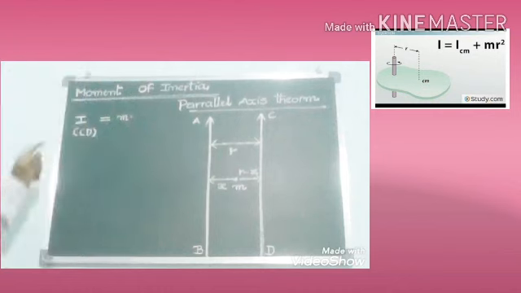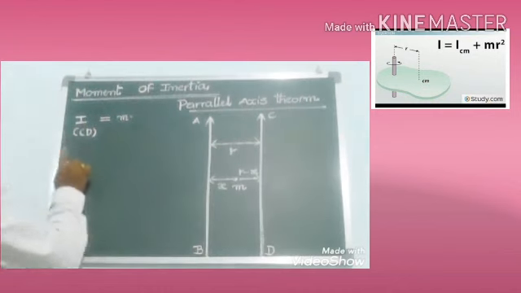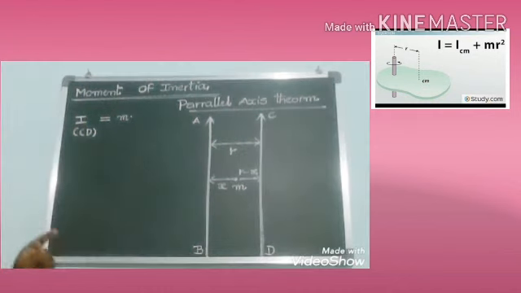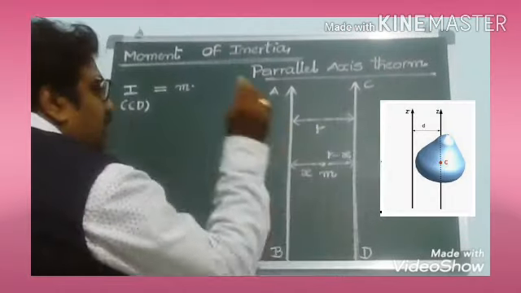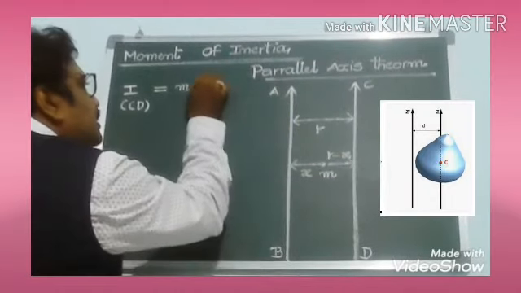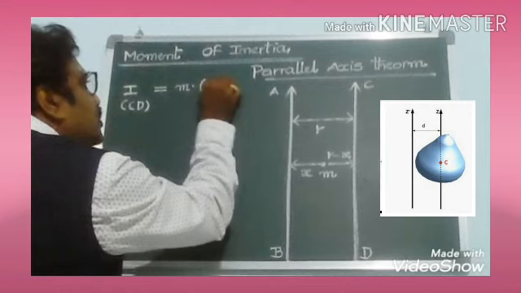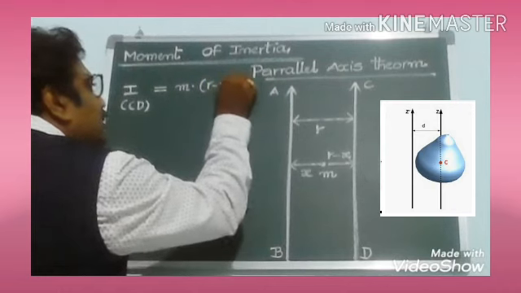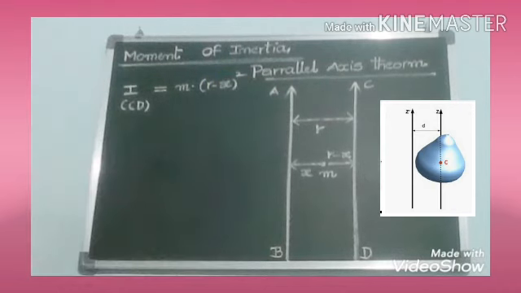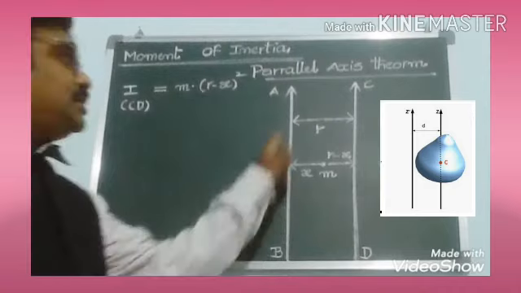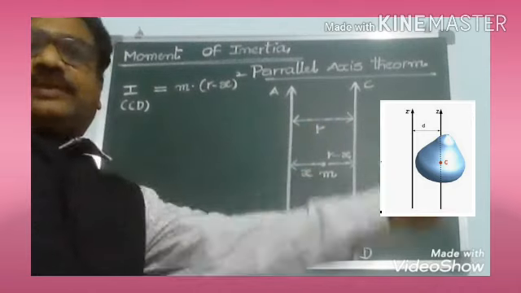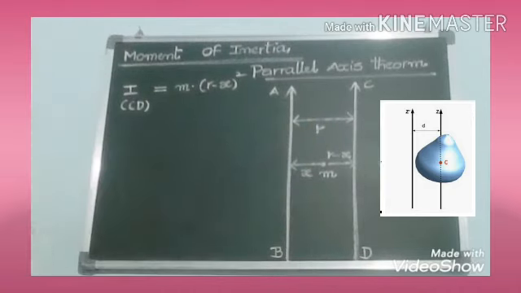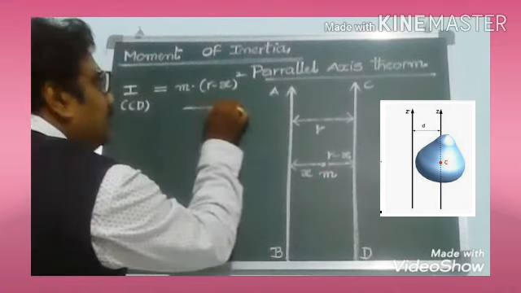Now I am going to calculate the moment of inertia with respect to the CD axis: mass m into the perpendicular distance, r minus x, whole square. r is the perpendicular distance between the two axes. This is equation number 1.